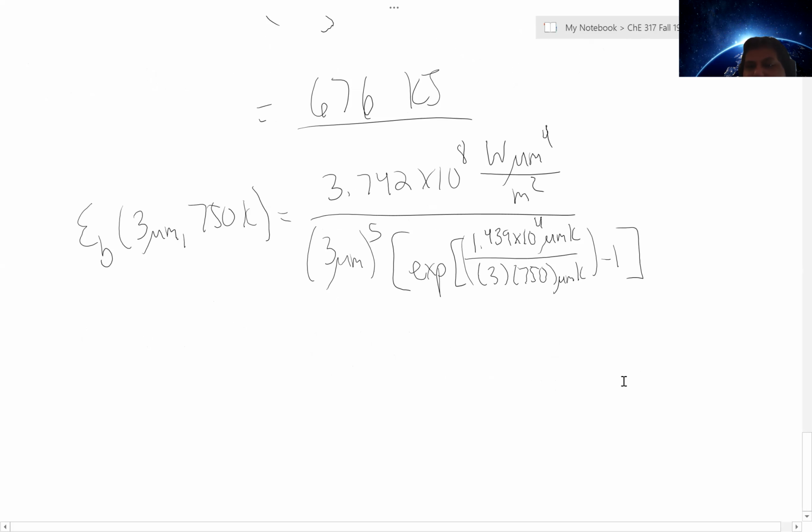So let's see what we get with this. I ended up with approximately 6,986 watts per meter squared micron.